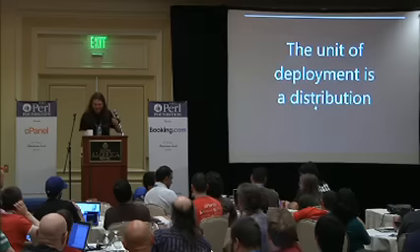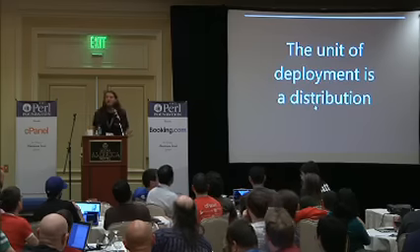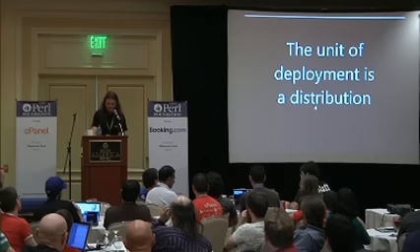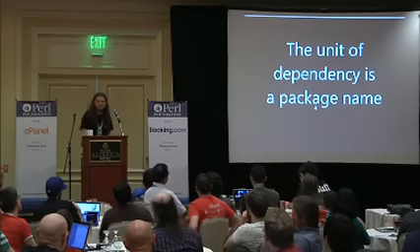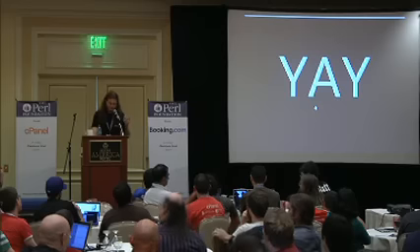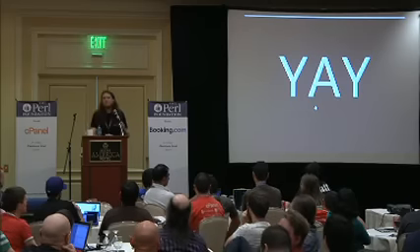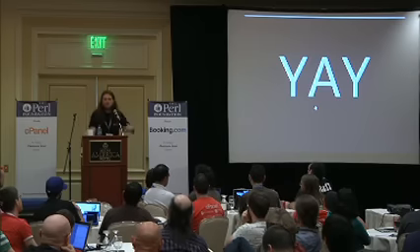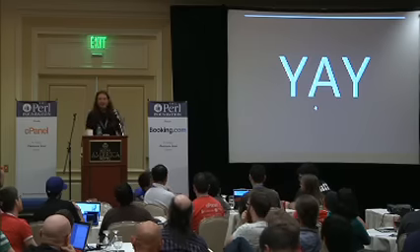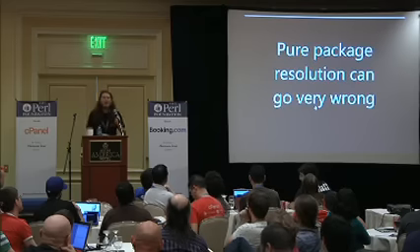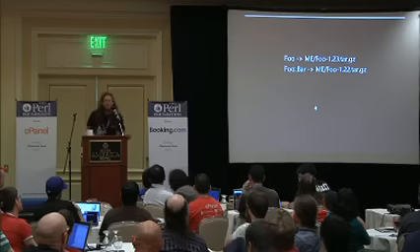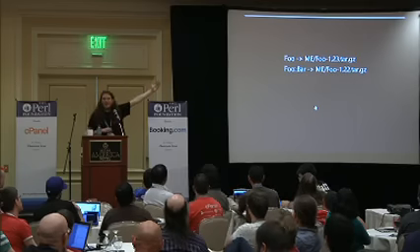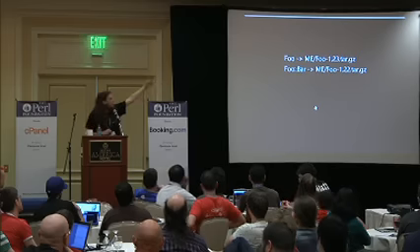Next problem. So, the unit of deployment for CPAN stuff is a distribution tarball. The unit of dependency resolution is a package name. Which means my original algorithm for this resolved by distribution. And then I realized that that can go horribly wrong, because you can end up with one package resolving to one tarball and a different package resolving to a different one.